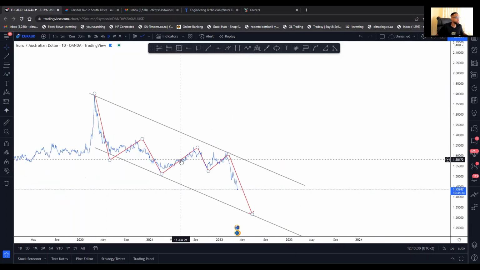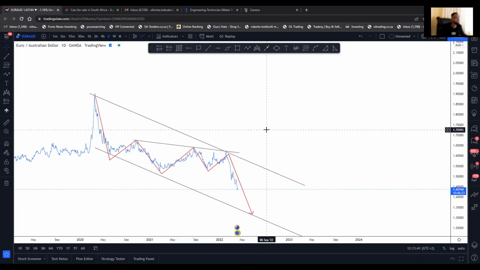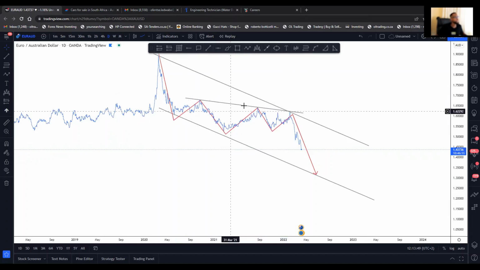You must also remember that we do have diagonal resistances. In this manner, we had this one, which was a resistance as well. As you see, the market was always below this line. It never broke it. You understand?